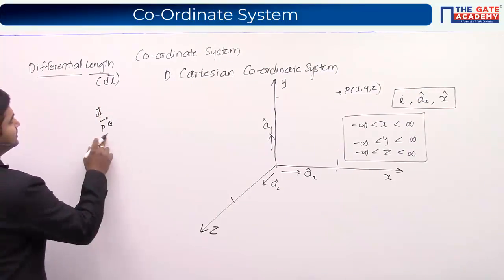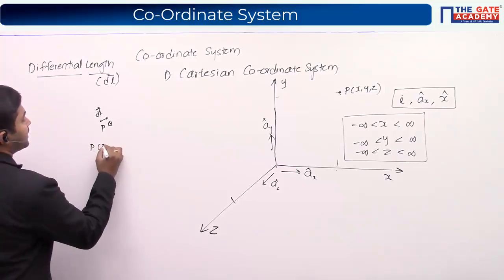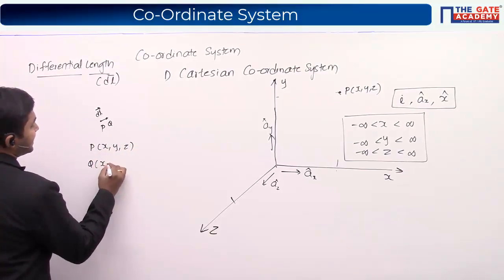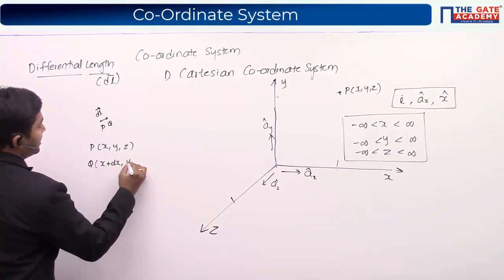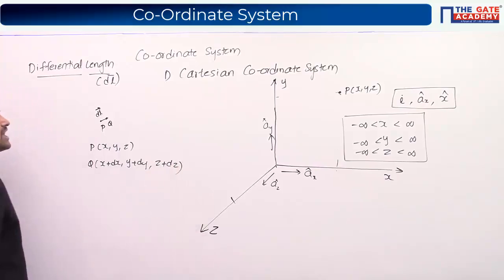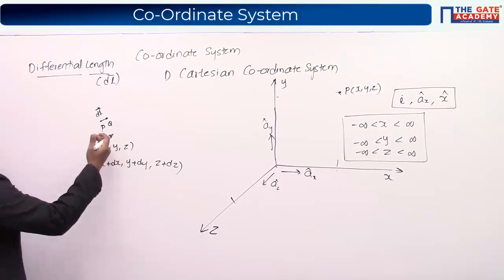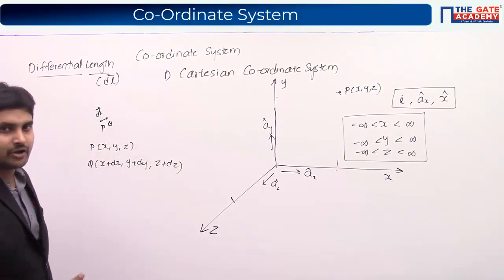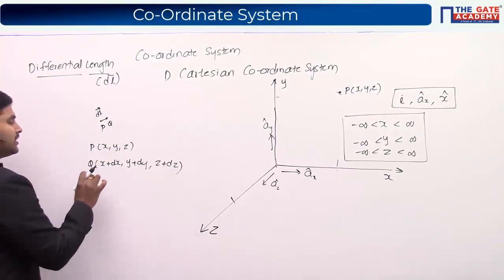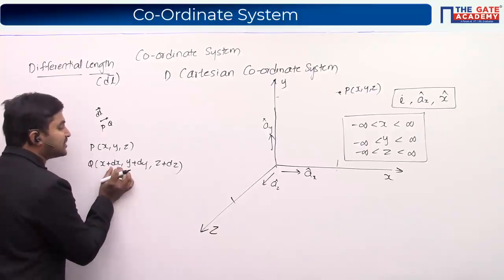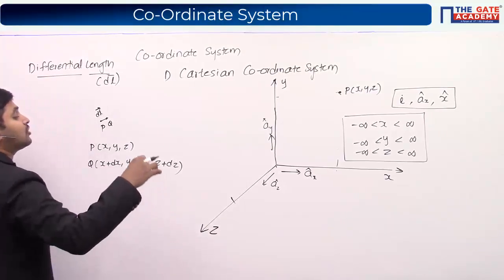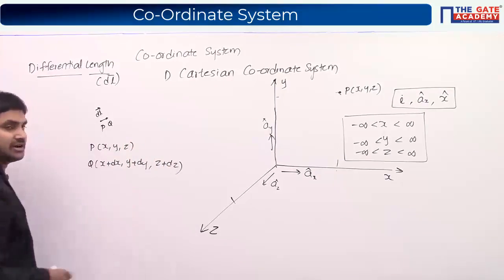Let me consider that the point P is x comma y comma z and the point Q is x plus dx, y plus dy, z plus dz. So what it means to say here is that when you are moving from the point P to point Q, you are having a small change in the x direction, you are also having a small change in the y direction, again you are also having a small change in the z direction, right?